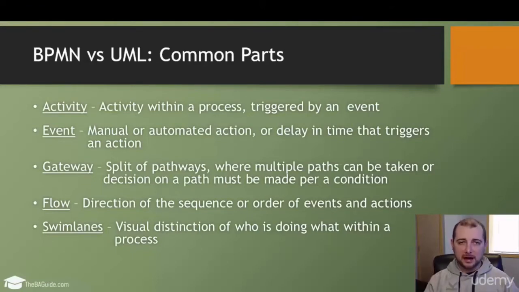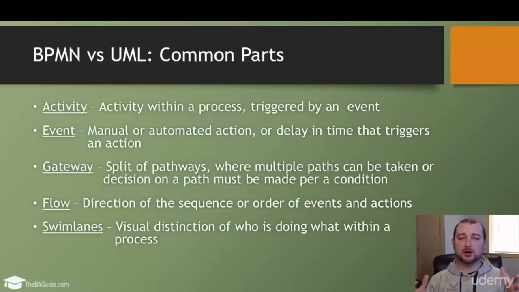They both also have events, a manual or automated action, or a delay in time that triggers some other type of action. So something that sets it off. For example, the event is a user clicks a button, or when you read that back, it meets a certain criteria, and so it's kicking off an event. A certain thing happens, and so it's kicking off some type of action.